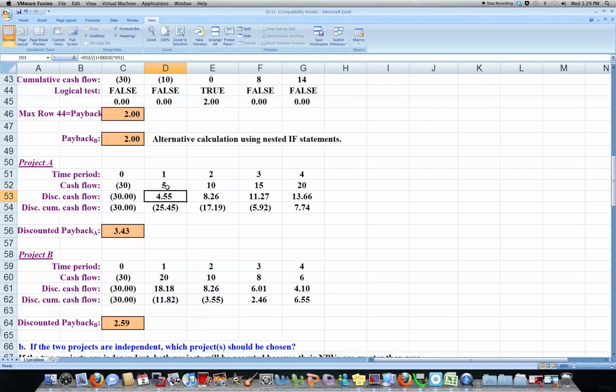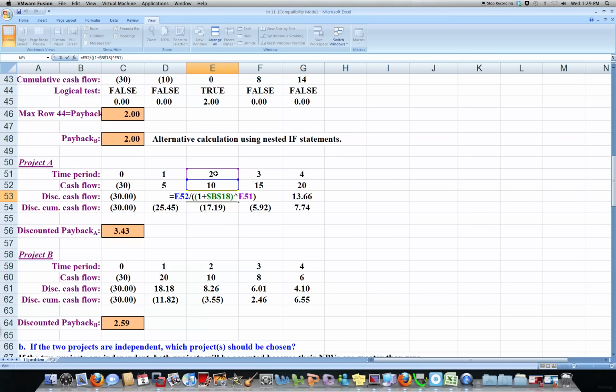If we discount this $5 at the 10% WACC, we get $4.55. You'll notice the next one is exactly the same formula, except it discounts at 1 plus the weighted average cost of capital, all to the second power.